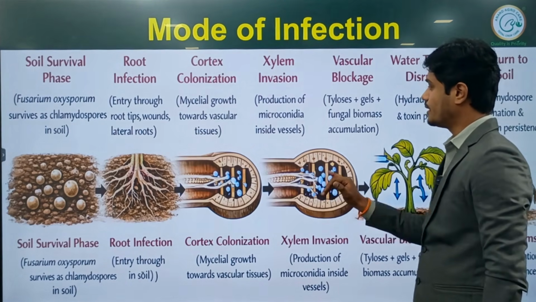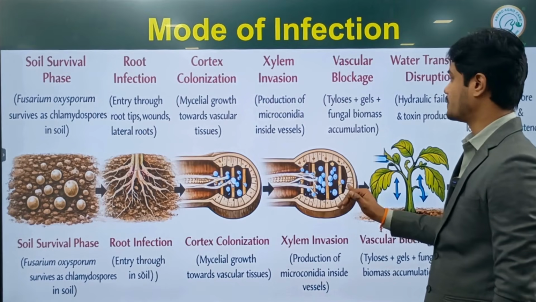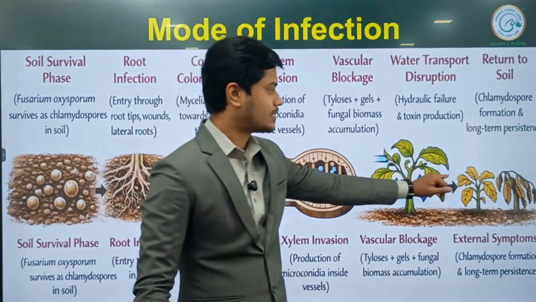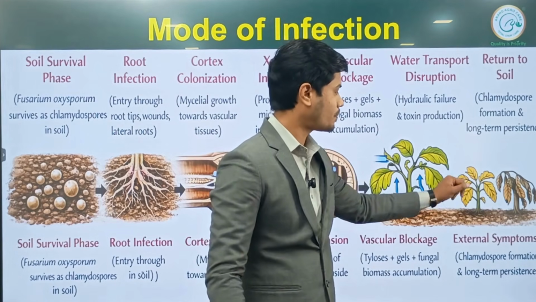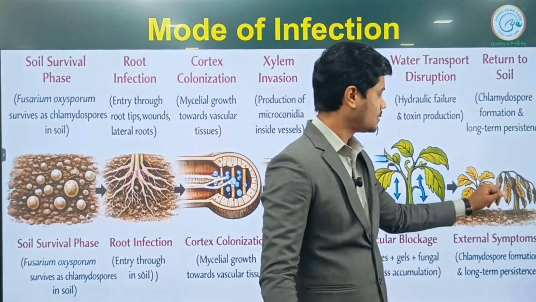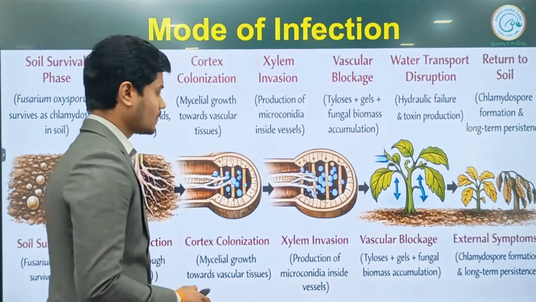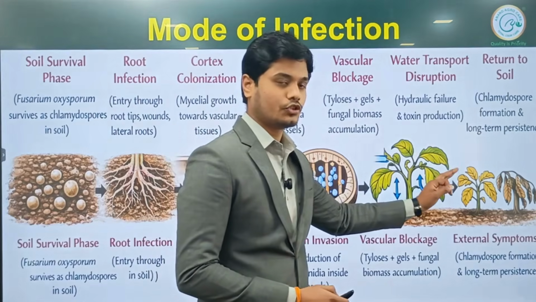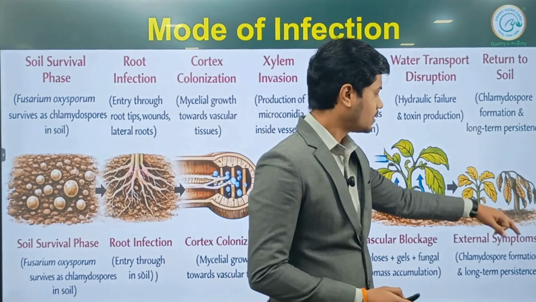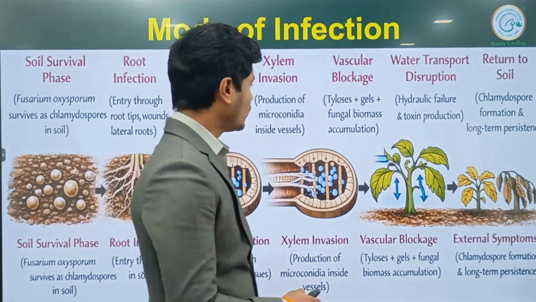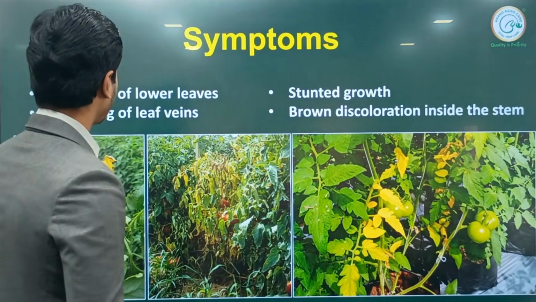Inside these xylem vessels, they multiply, they replicate themselves and block the water and nutrient flow. Here you can see yellowing of leaves or plant, and the last step is plants get dried and dead. Again, these Fusarium oxysporum spores transfer into the soil and form spore-like structures.